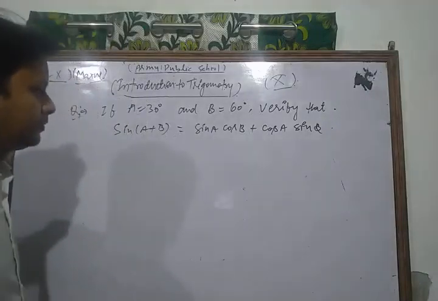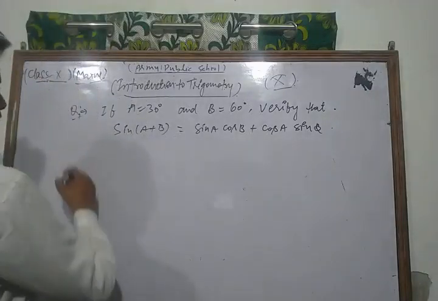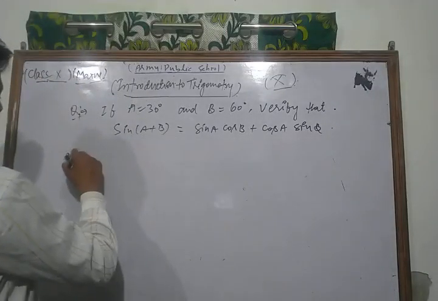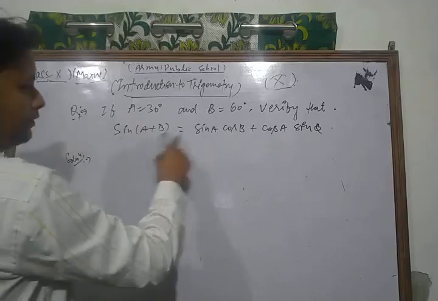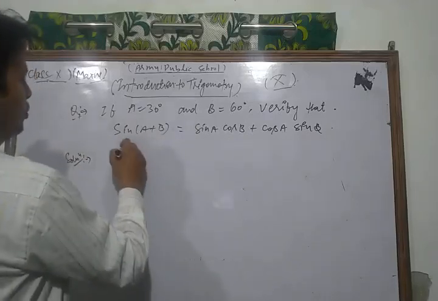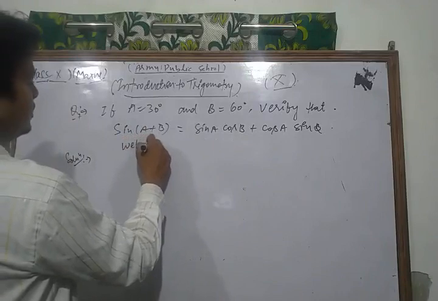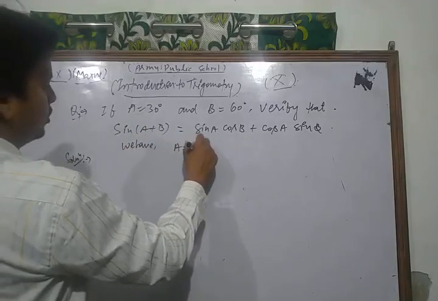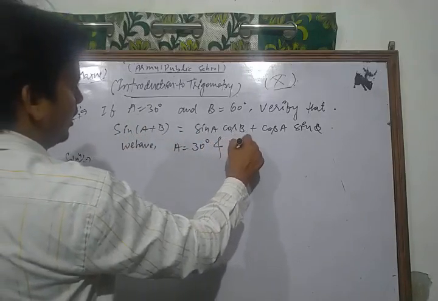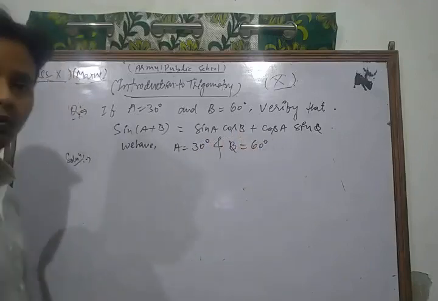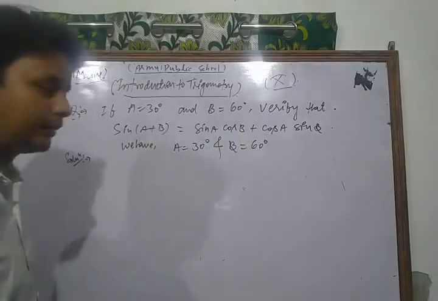Dear student, let's see its solution. So first of all, we have to verify that this is equal to this. So we have angle A is equal to 30 degree and angle B is equal to 60 degree. Now we take the left hand side of the given expression.